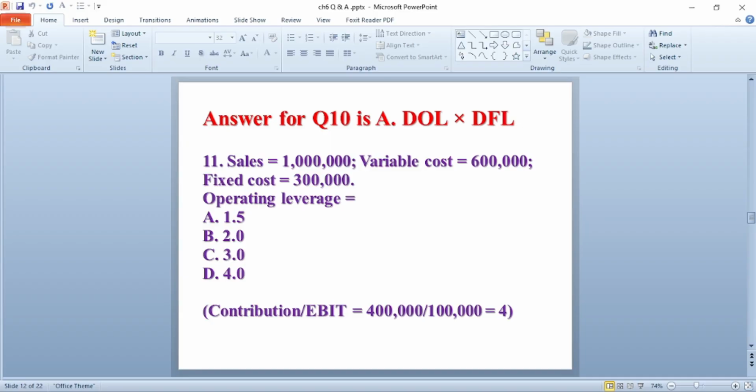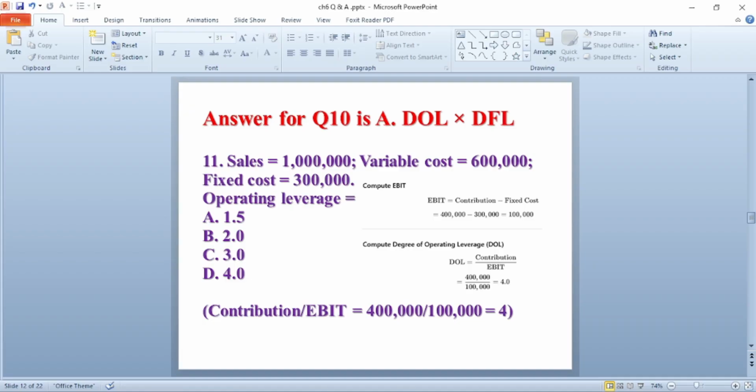Question number 11. Sales is equal to 1 million, variable cost is equal to 600,000, fixed cost is equal to 300,000, operating leverage is equal to dash.